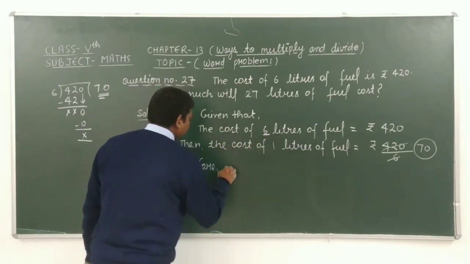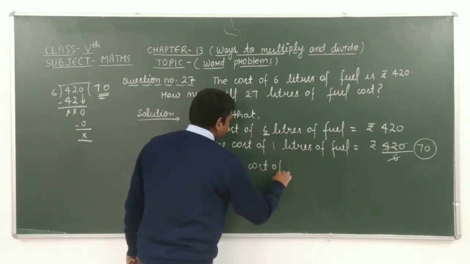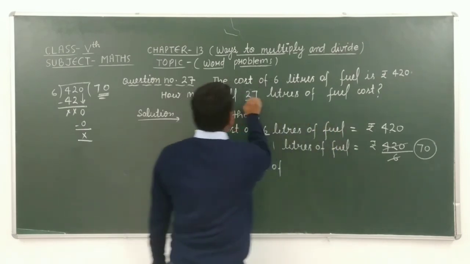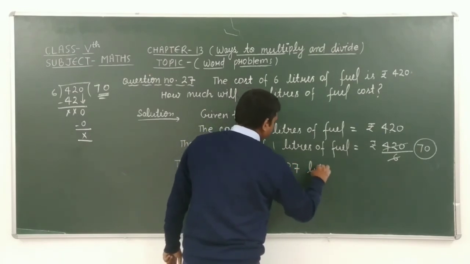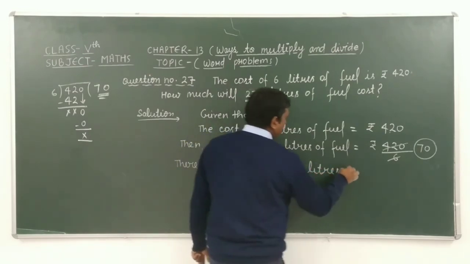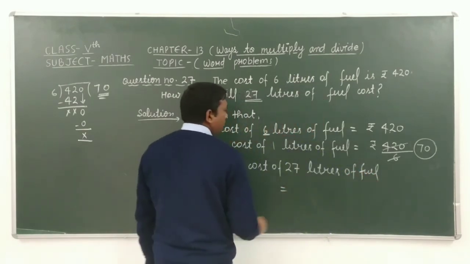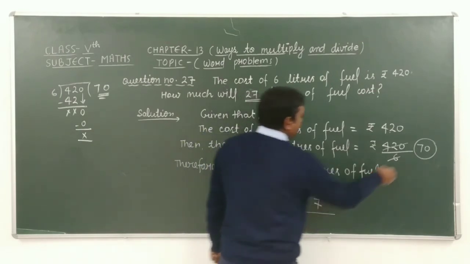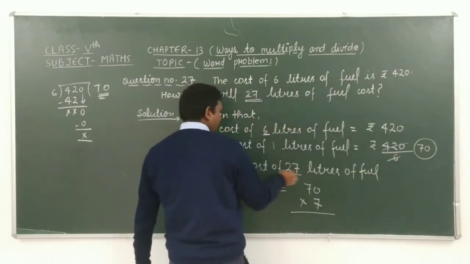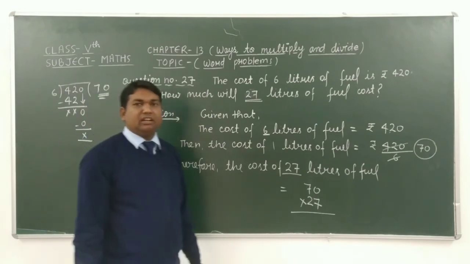the cost of 27 liters of fuel is equal to, dear students, we have to take the multiplication of 70 by 27 for finding the cost of 27 liters of fuel.